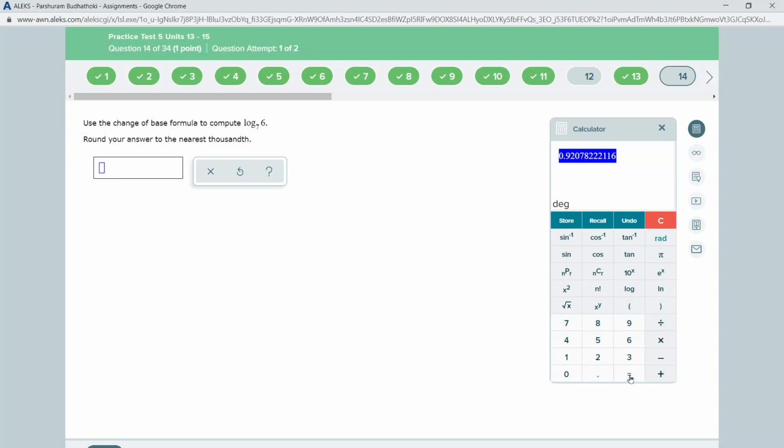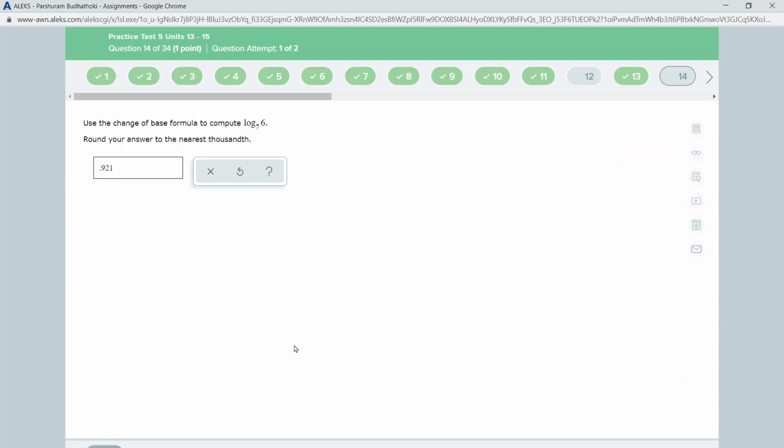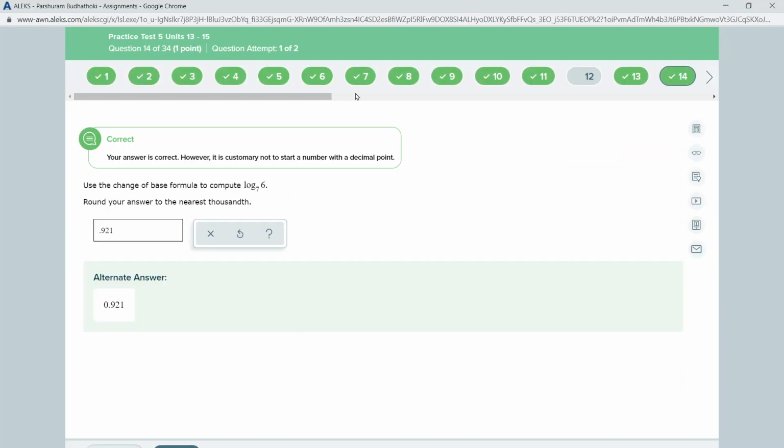So equal, it's 0 point, rounded to the nearest thousandth, after the decimal 3 numbers 920, and because you want to round it here there is a 7, so it should be 921, so 0.921. Okay, that's fine, either you just write 0 point or point, that's okay.